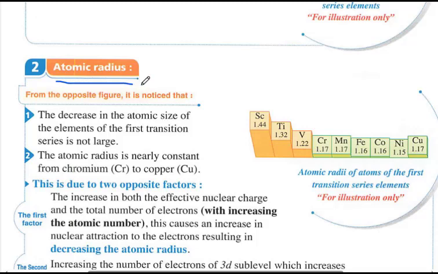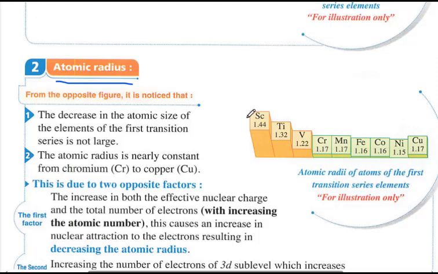The atomic radius, as we go from left to right, is supposed to decrease, as the attraction force from the nucleus, or the effective nuclear force on the valence electrons, increases. In this case, the nucleus pulls the valence electrons to itself. This leads to the reduction of the volume of the atom.